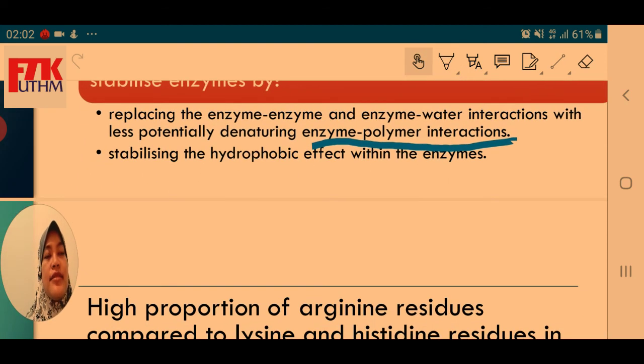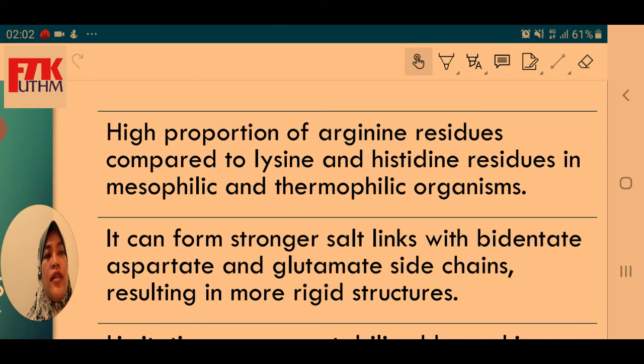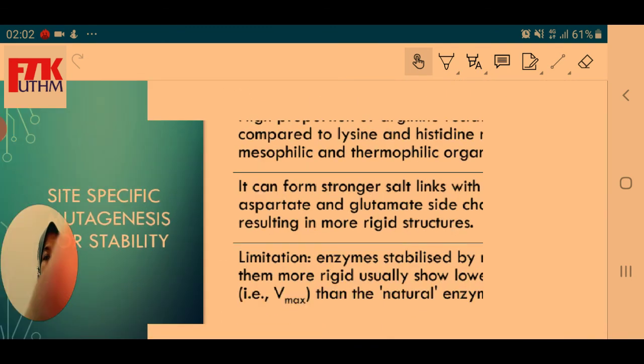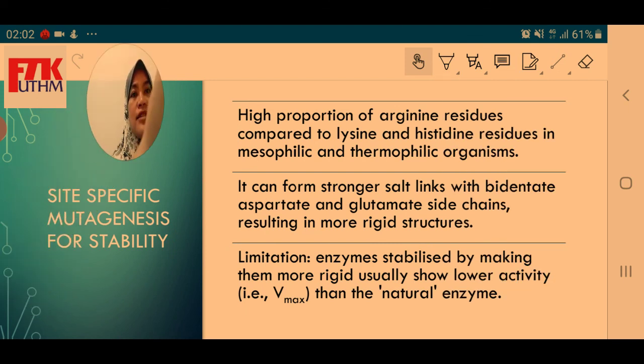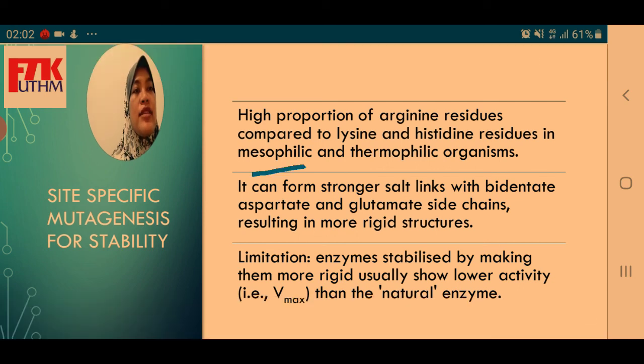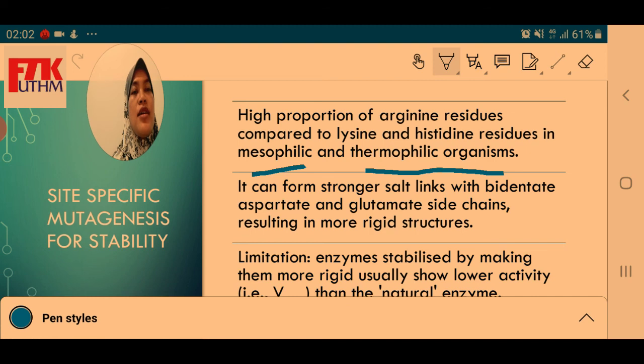Next is using site-specific mutagenesis. This is observed by comparing enzyme residues in mesophilic and thermophilic organisms.